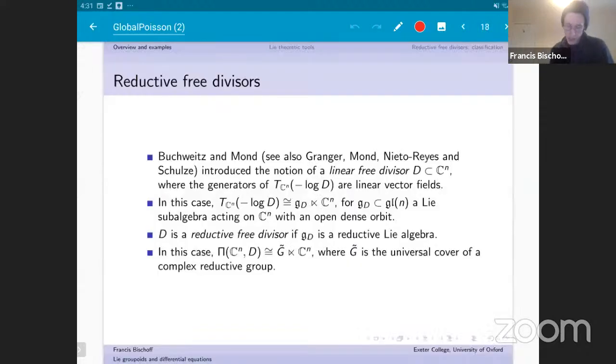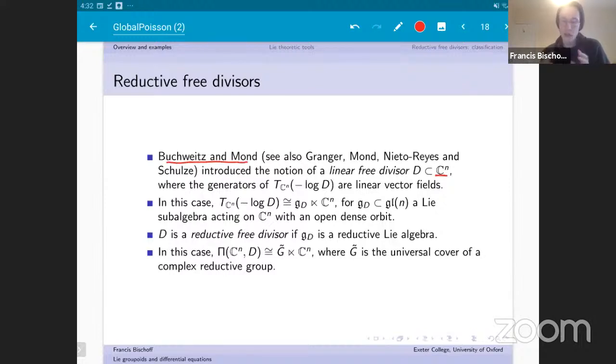Okay. So now I want to focus on a special class of free divisors. These are due to Buchweitz and Mond. They first of all introduced the notion of what's called a linear free divisor. This is a free divisor in a vector space C^n, but it has the property that the generators are linear vector fields.